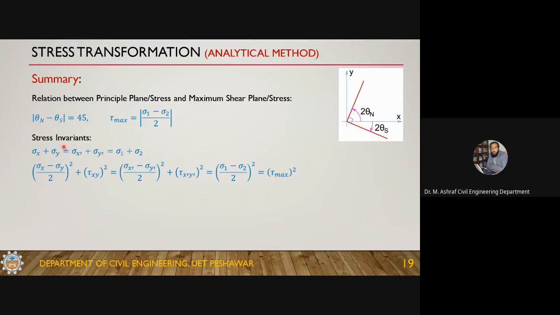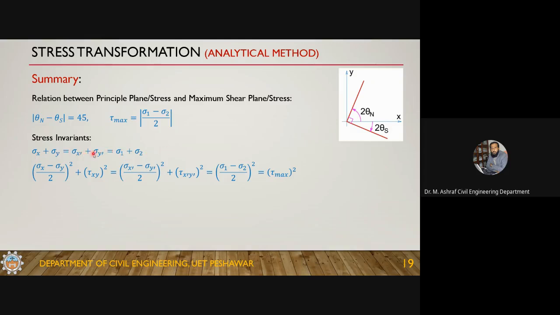Invariant means constant. So the first stress invariant is the sum of the two normal stresses. If you add the two normal stresses in the XY frame of reference, and the two normal stresses in the X prime, Y prime frame of reference, and the two in the principal frame of reference, all of them will give you the same result.